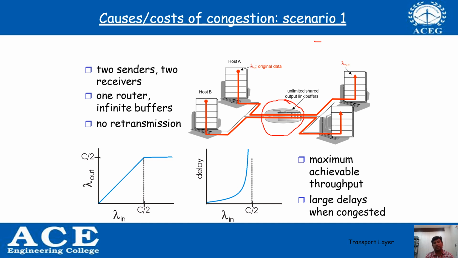If the number of packets transmitted from both the users together is less than the capacity handled by the router to forward, then all the packets will be forwarded without delay. But if the number of packets is more than the outgoing forwarding capacity of the router, they will be stored inside the buffer of the router. So in this scenario, there will be no retransmission or loss of packets, but there will be a delay after a certain duration. Here we can have maximum achievable throughput because there is no loss of packets, but there will be large delays when your network is congested.